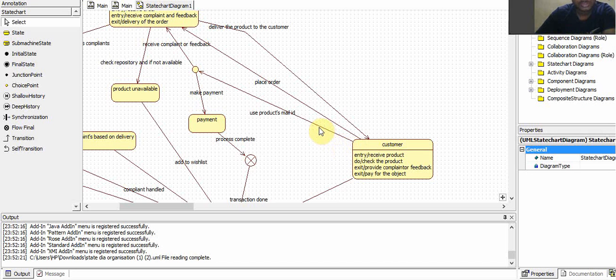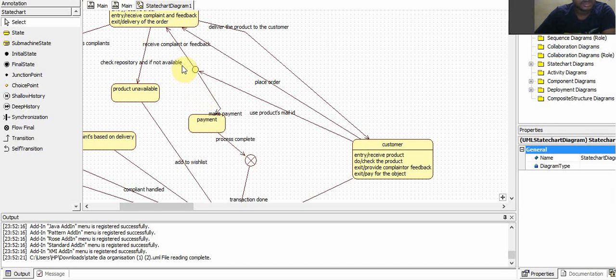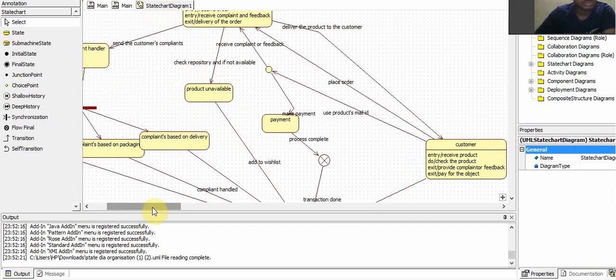Then it goes for the product's mail ID. If any complaint is there, the complaint or feedback is given here, and then it goes to this part. If there is no complaint, it comes back for make payment.